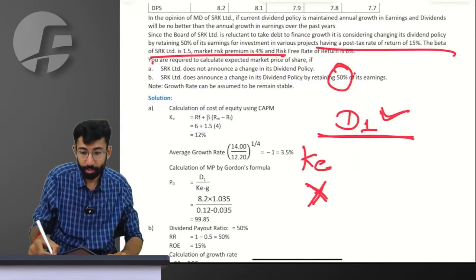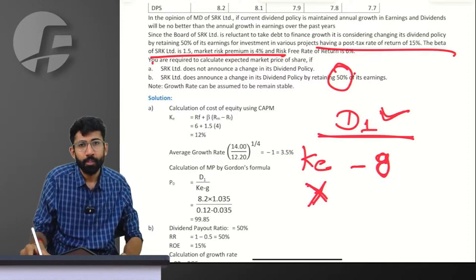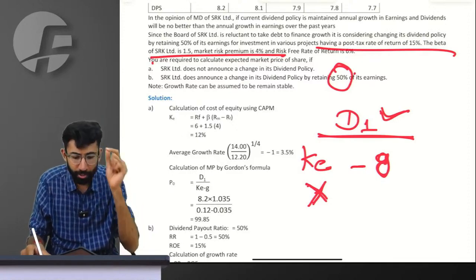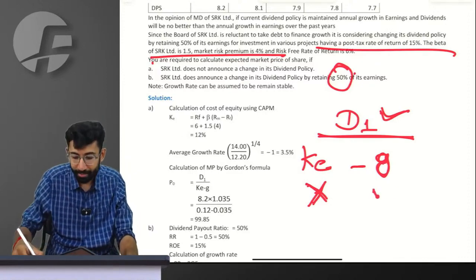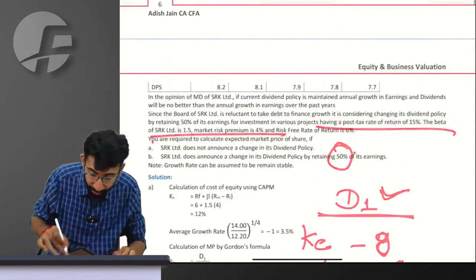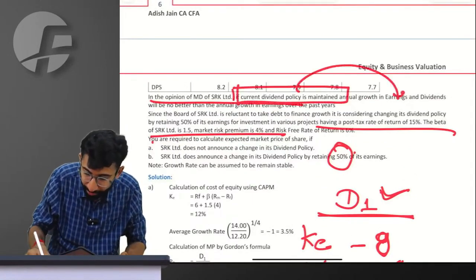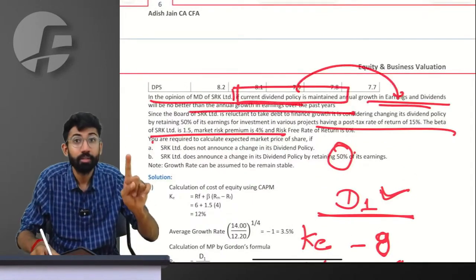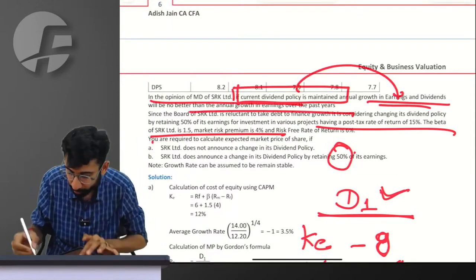Will my growth change? What do you think? Because of the change in retention ratio, will my growth change? Everyone, I need an answer. It will change. Listen to the first line carefully: if the dividend policy is maintained, then this will be the growth. If the dividend policy changes, then the growth rate will also change.